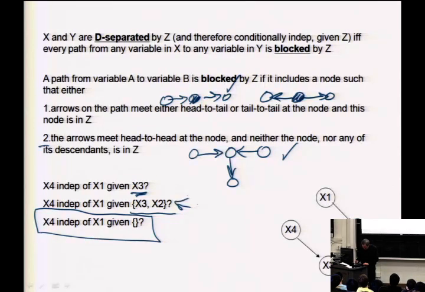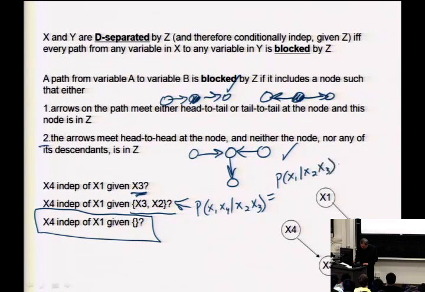If these are conditionally independent, we're saying that the probability of x1 and x4 given x2 and x3 can be written by factoring it out as the probability of x1 given x2 and x3 times the probability of x4 given x2 and x3. So precisely that's what it means to say that those are conditionally independent. With respect to the set of variables, it means we're conditioning on their joint assignment.